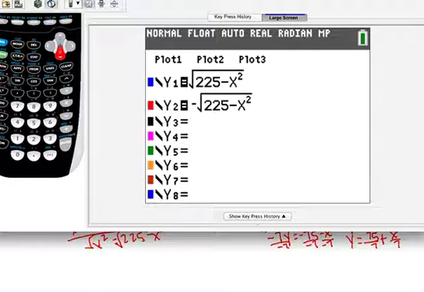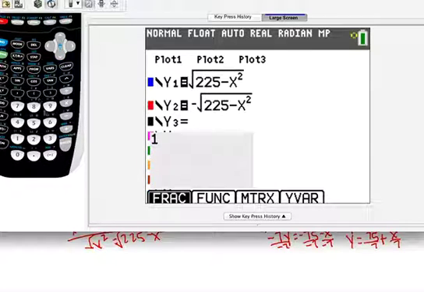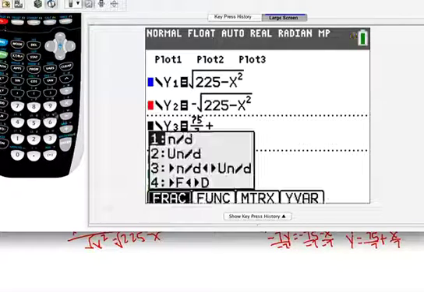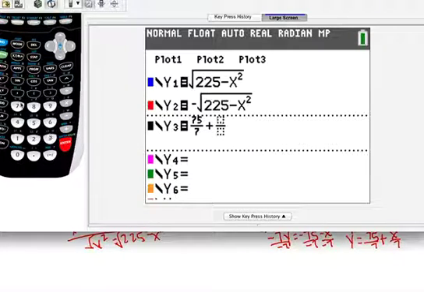And for the third equation, you're going to have alpha y equals, to get the fraction, 75 over 7, jump out from underneath the fraction, plus alpha y equals again to get the second fraction, x over 7, and then hit graph.